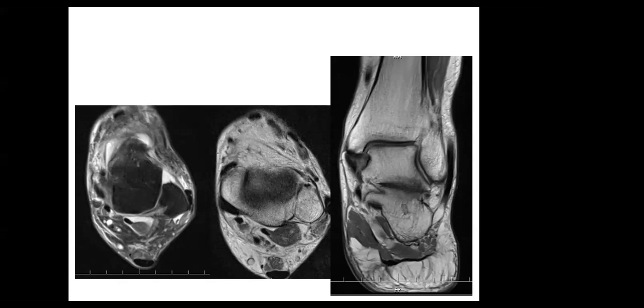Tendinitis. Normal bone signal intensity, no obvious bone lesion. I see fluid effusion around the joint. Also fluid collection around the tendon.